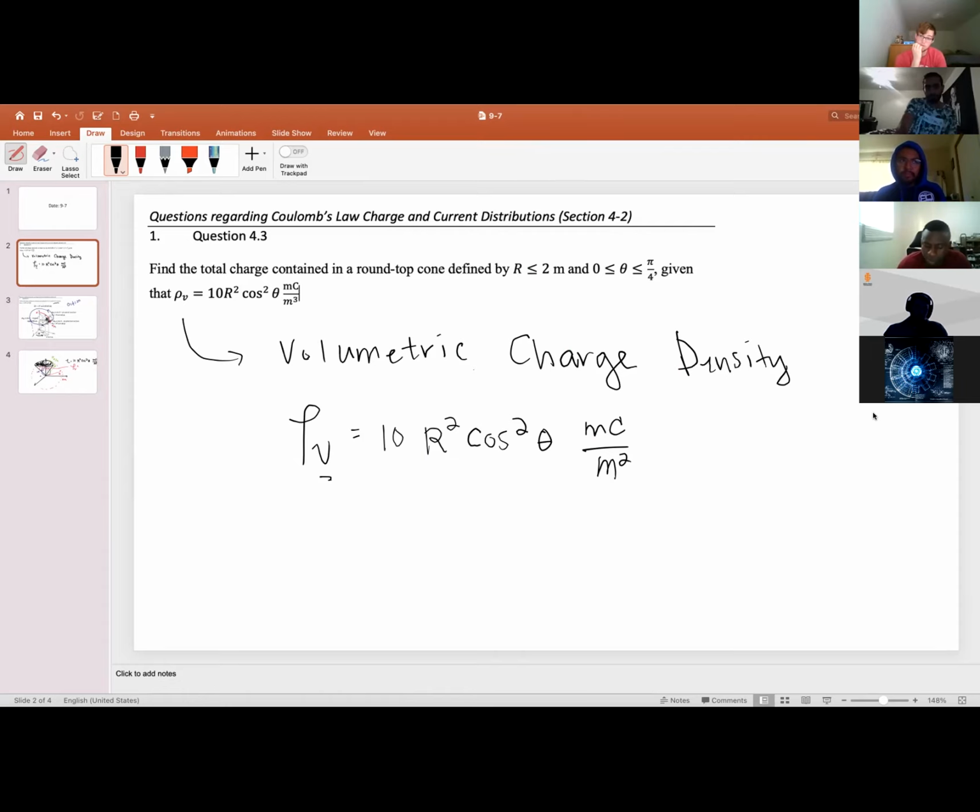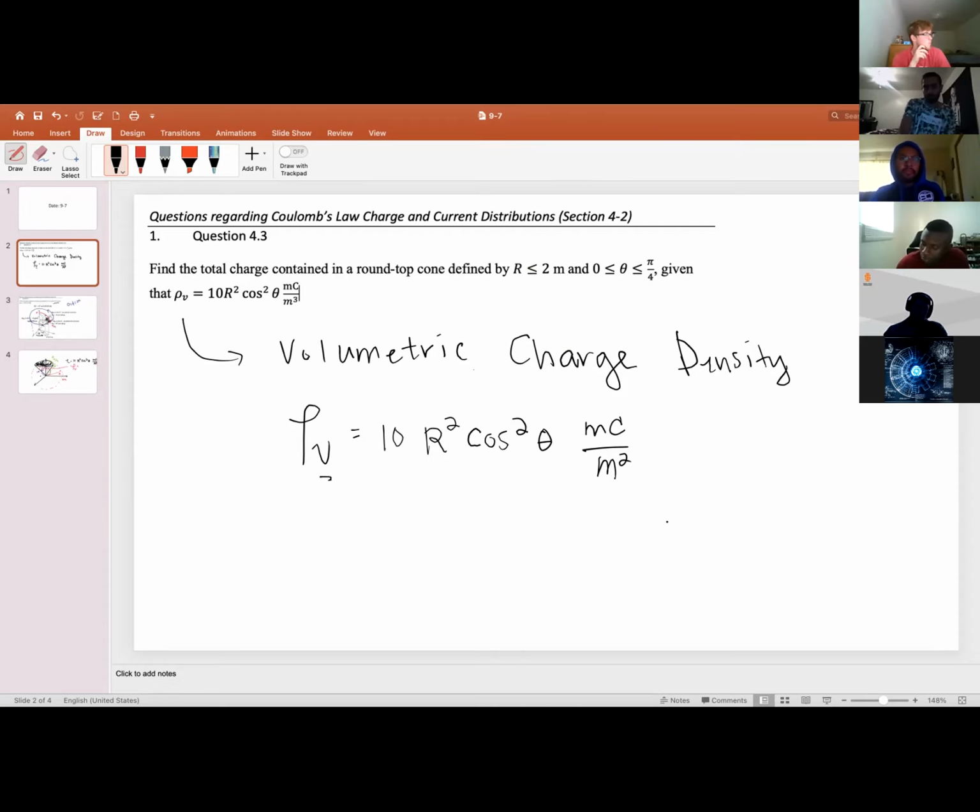Closer. So yes, we'll do it in spherical coordinates for sure, because it's in spherical. Now we want to find the total charge, and we know how dense the charge is in every area inside of that cone.